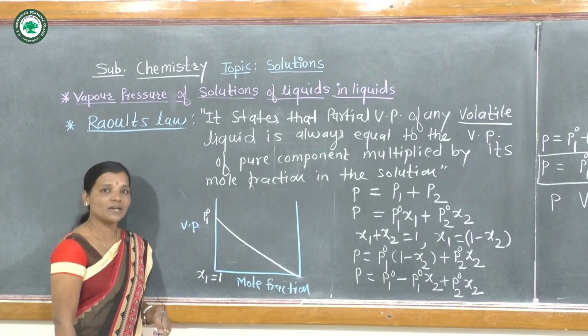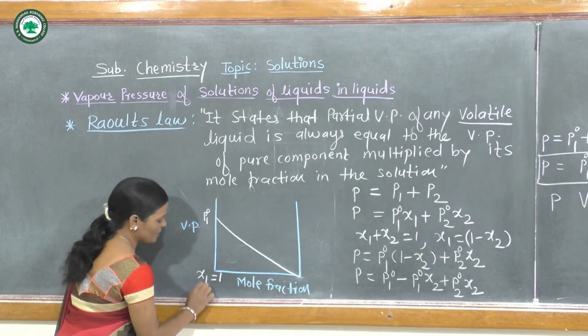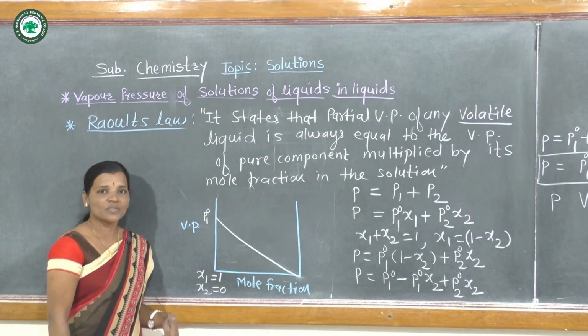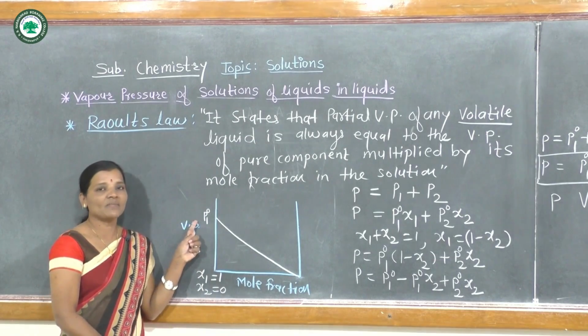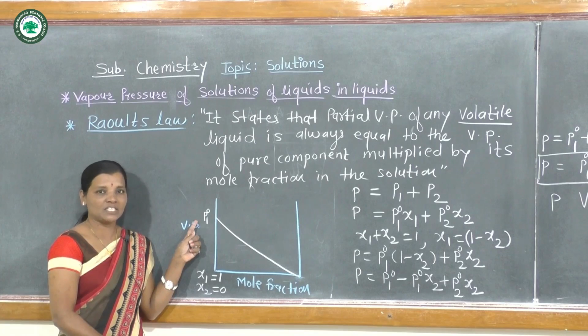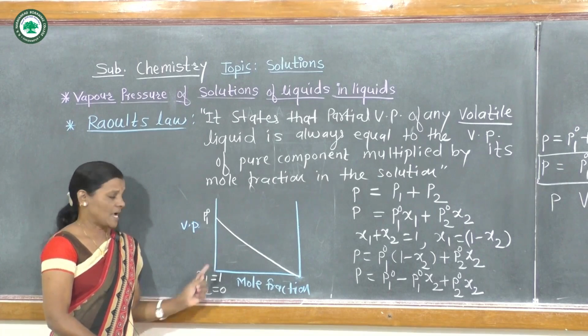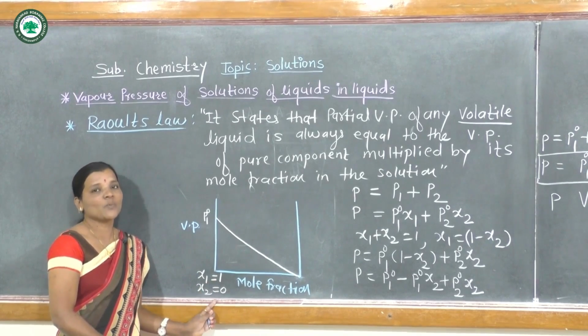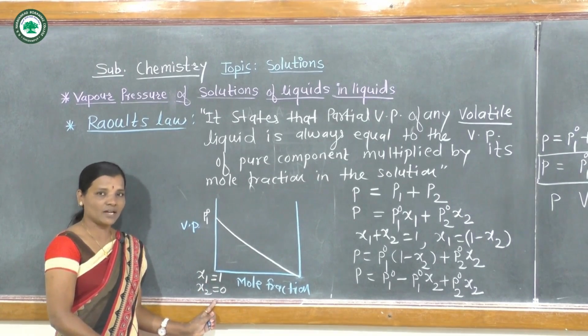At the same time, the mole fraction of the second component should be 0, because here the partial vapor pressure of component A1 is in the working position, and as x1 is equal to 1, x2, the mole fraction of the second volatile component, should be 0.